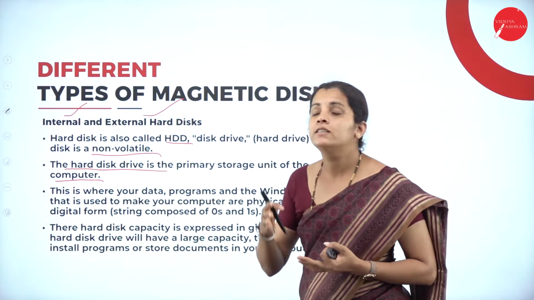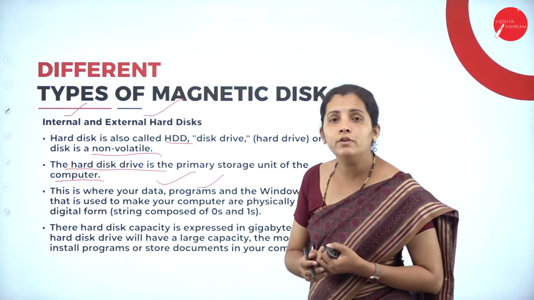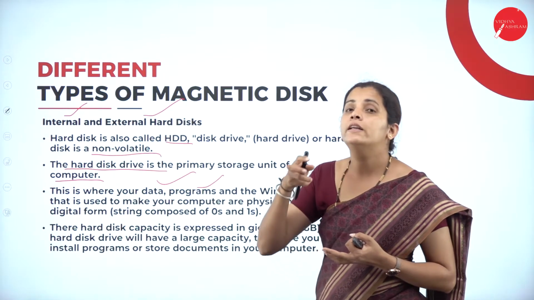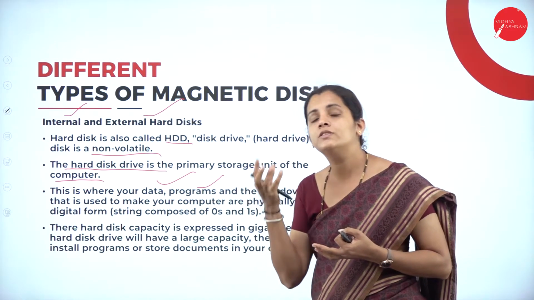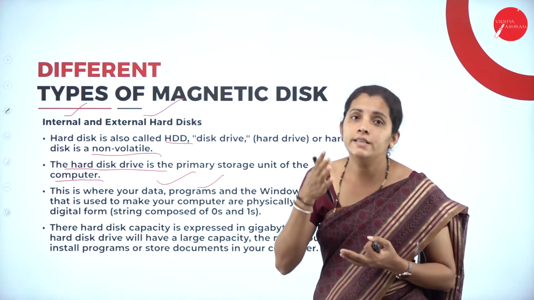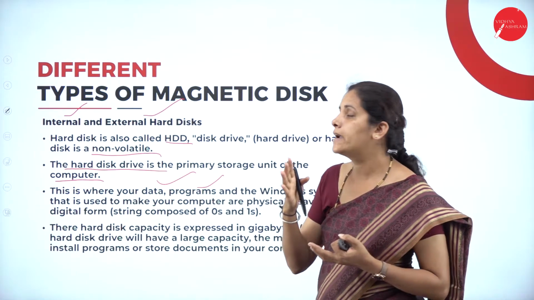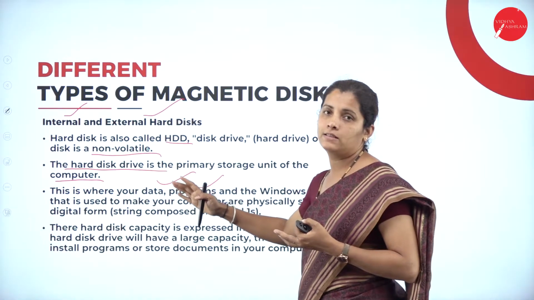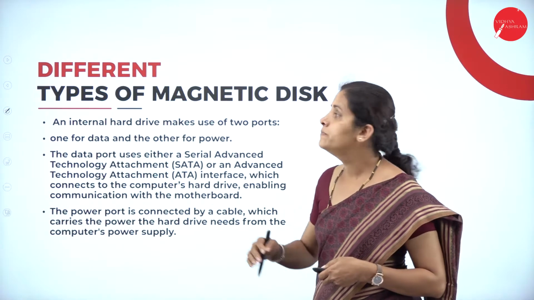Dear students, the data, programs or information are stored in the computer in a physical manner. That means the information is stored in digital form, in the form of zeros and ones, whereas the hard disk capacity is measured in gigabytes.